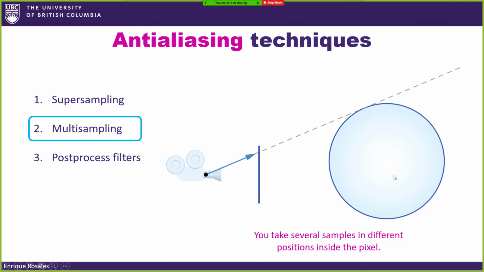By taking these different samples, for that pixel in particular you're throwing more rays, and one of those rays may hit the sphere, but another may not. So the border of your sphere will look softer, because you're doing this multi-sampling, and it looks really good.